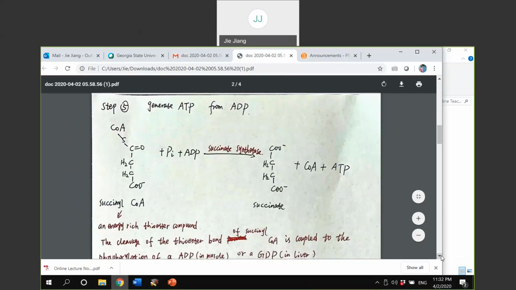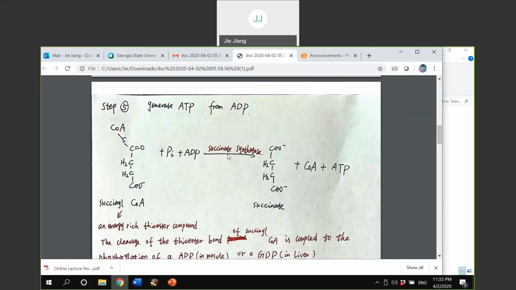Step 5 generates ATP from ADP. This is the only reaction in this citric acid cycle that generates ATP. Remember, only one molecule of ATP is generated. In this step, succinyl-CoA reacts with ADP and phosphate ion to produce ATP and also form succinate and release CoA.